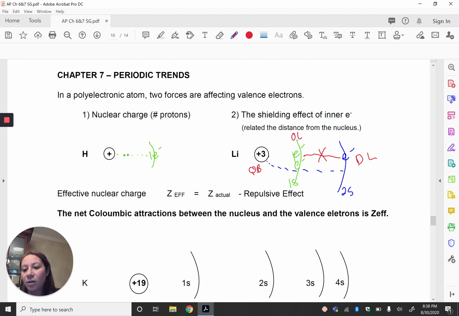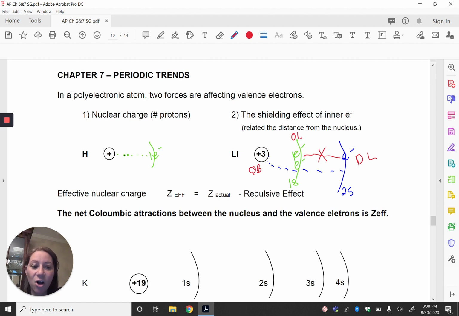That's what we called Zeff last year, the effective nuclear charge. It is the nuclear charge, which is the Z actual. Remember, Z is the number of protons. So the attraction because of the protons, minus the repulsion of the inner electrons, or the shielding.